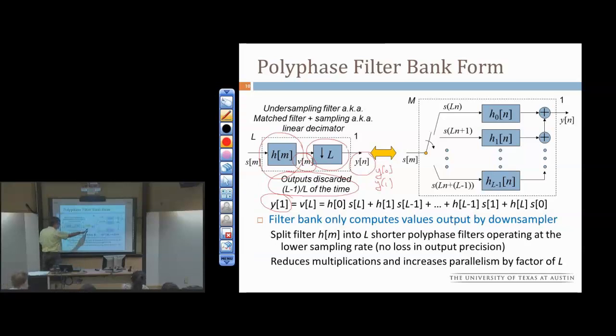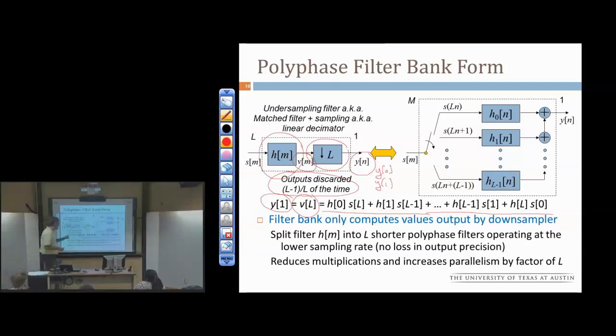So y of 0 is v of 0. y of 1 is v of L, because all the other values get discarded in between. I do the basic FIR difference equation, flip and slide the FIR coefficients h about the input s, and I get this form. But I only need to do this every L samples. I don't need to do this any more often than that.